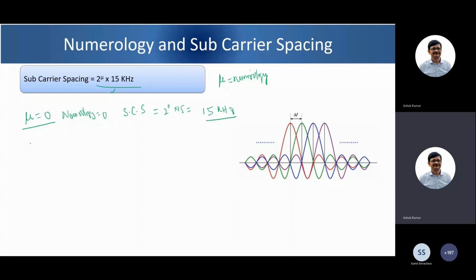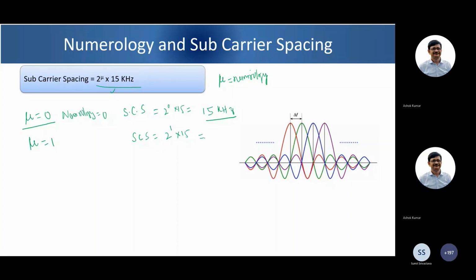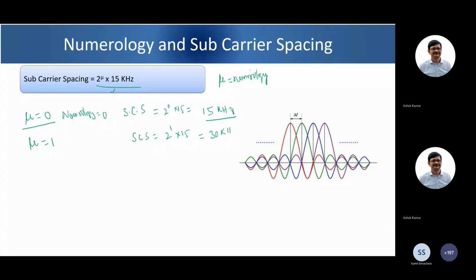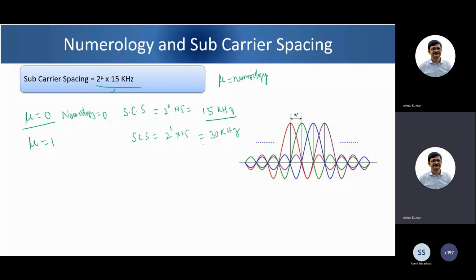Let us calculate. Suppose mu is equal to 1. Numerology is equal to 1. Then what will be the subcarrier spacing? That is 2 to the power 1 into 15. How much will I get? Yes, good answer: 30 kilohertz. So when I say numerology 1, I mean the subcarrier spacing is 30 kilohertz.